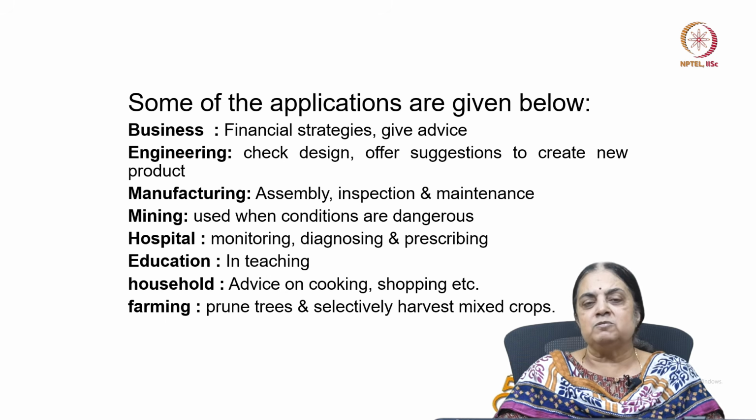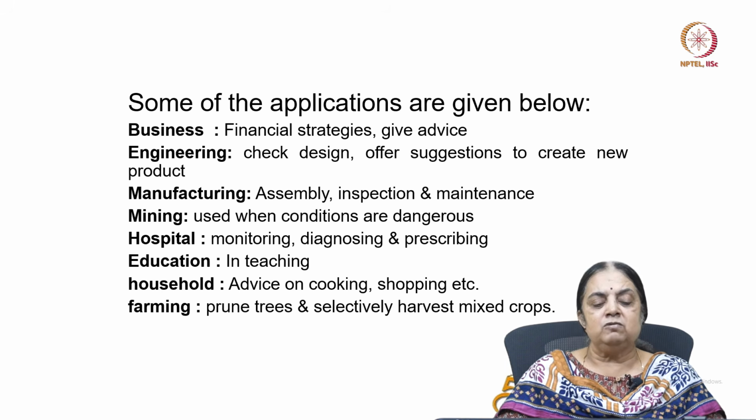You can have an expert system which gives advice on that. And you also have things like stock markets, where it can give advice on which stocks to buy and which stocks to sell. So in business, it was very heavily used.